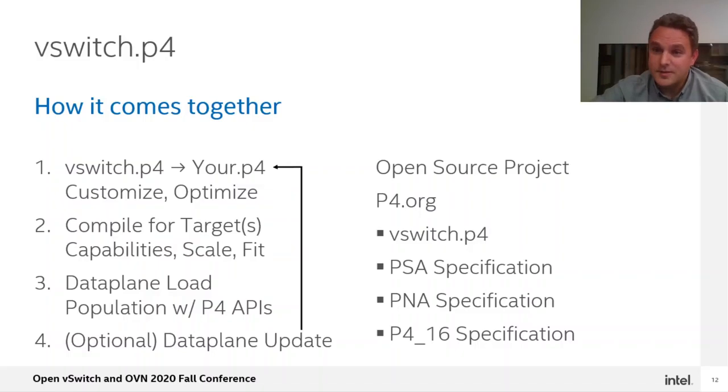Could be software, could be hardware target, depends on your application. And then as that's loaded, in the runtime, you would populate the different entries in the match action as you have new ACLs or new forwarding rules that come up over time. And as an optional change, you could say, well, I want to actually change the P4 pipeline while the system is running.